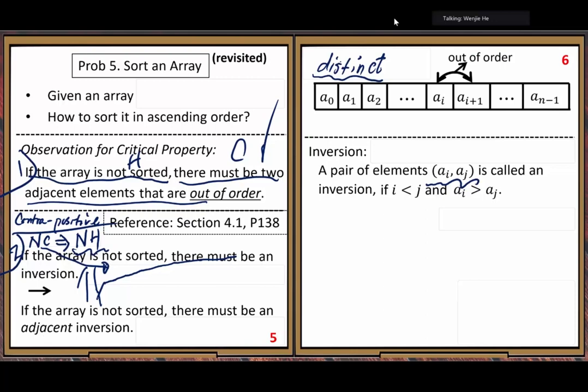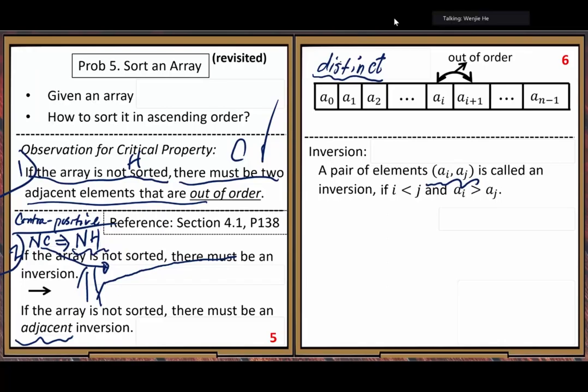Here we just add one word, adjacent. But they are equivalent. Can you see it? We add the word adjacent to improve the previous statement.